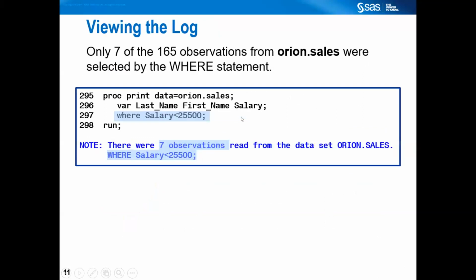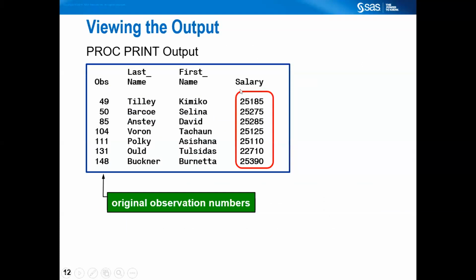When you execute this, this is the output you see, and your log gives you a message as well. Then you see this result: these are the original observations where the salary being less than 25,500 is true. Hence, SAS has selected this row and so on.